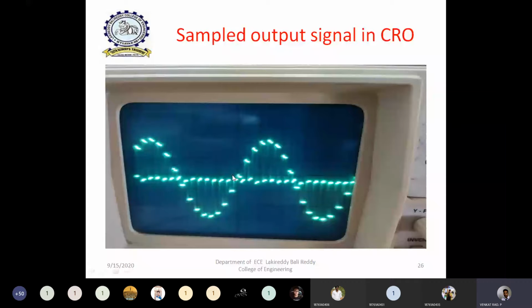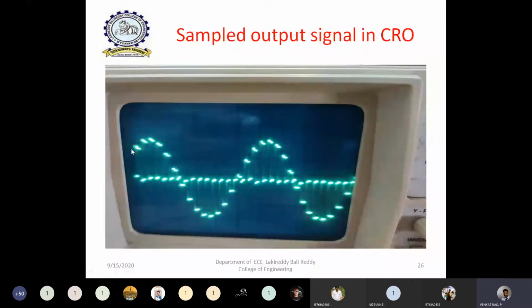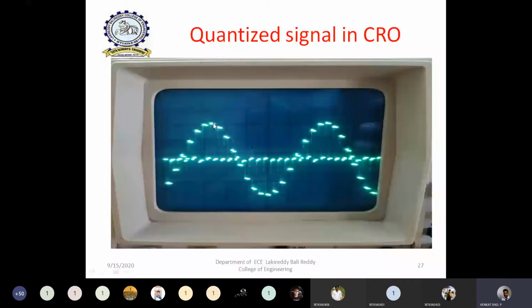Similarly, if you observe the quantizer signal, both the sample signal and quantizer signal look the same, but the sample signal may have some curvature, while the quantizer output has constant levels. The only difference between the sample and quantizer signals is that the sample values are approximated to the nearest quantizer levels. There may be some approximation. All the sample values are approximated to the nearest quantization level.